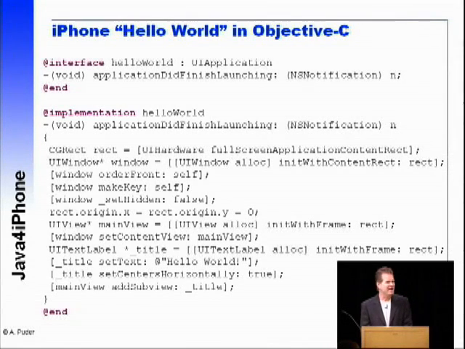Then in the next line, you instantiate something called a UIWindow, giving it the full size of your screen. UIWindow, if you have done any Swing coding, would somewhat correspond to a JFrame. So here you just create the basic container for adding your own widgets. Then you put it to the front and you set it to visible.